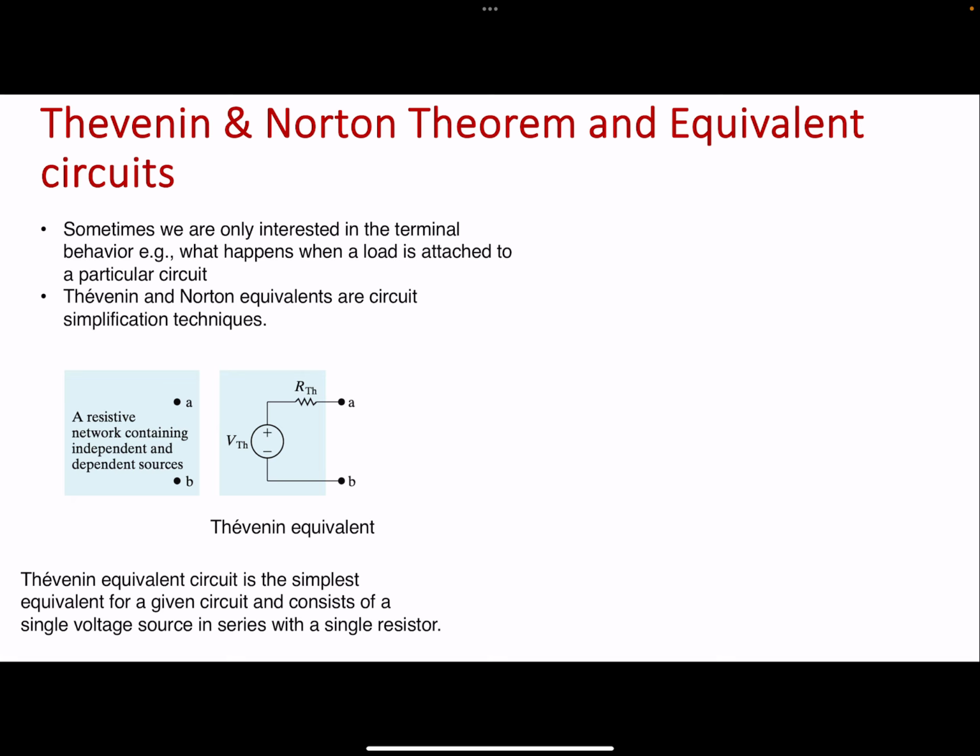The whole idea again was that you have this complicated circuit with many different sources and many different resistors, and we can simplify all of that into a single voltage source connected in series with the equivalent resistance, and we can look at the terminals so that once we connect a particular load, we can analyze it. What's the amount of current flowing through it, power consumption, and the voltage appearing across it.